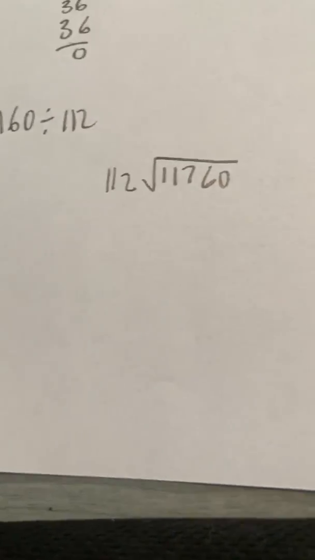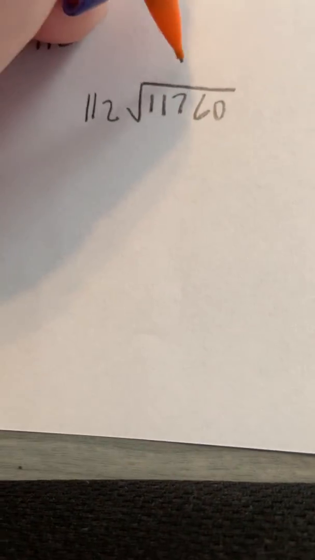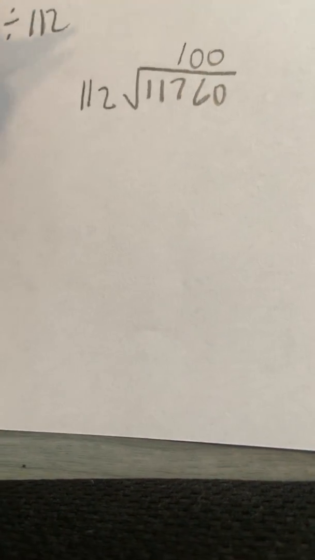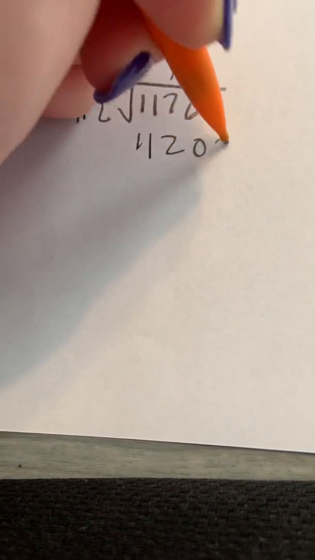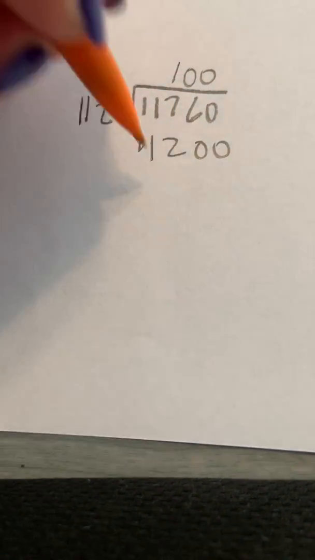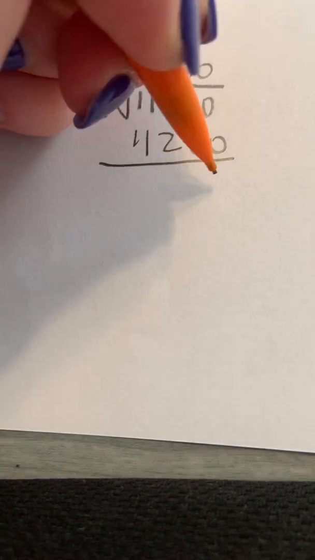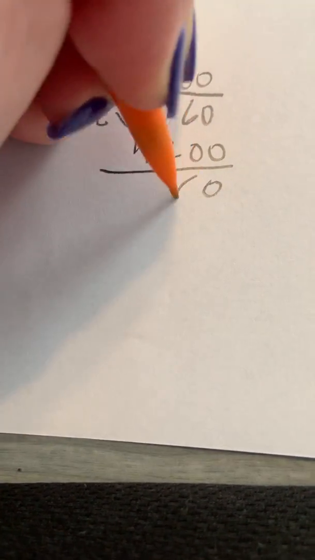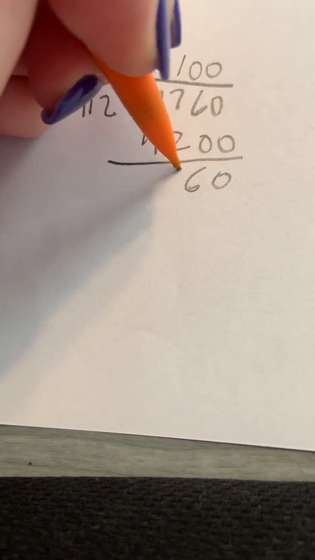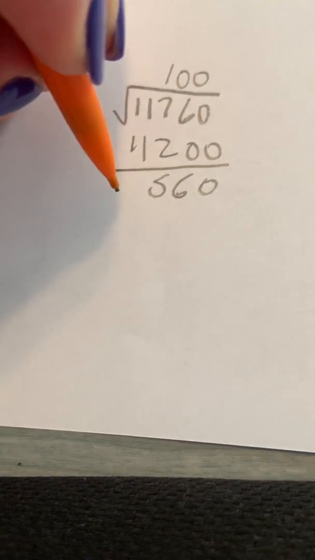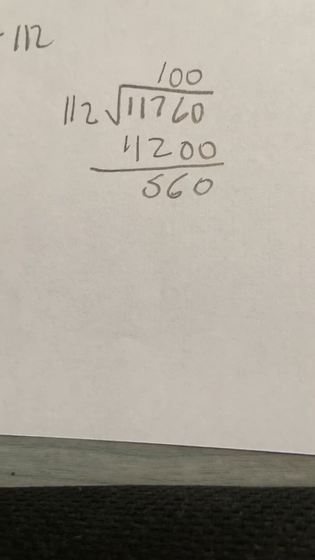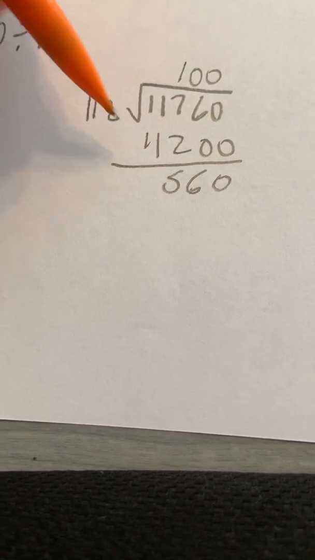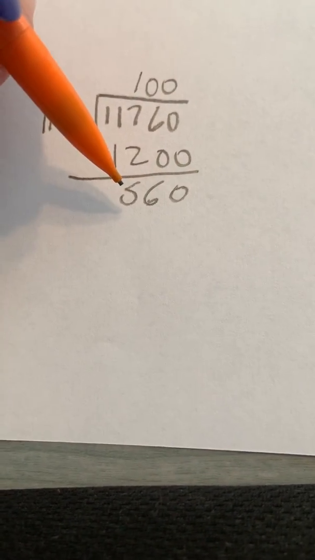And I'm going to do 100 to make it easy. So you're going to have 11,200. And then that's going to leave us 560.